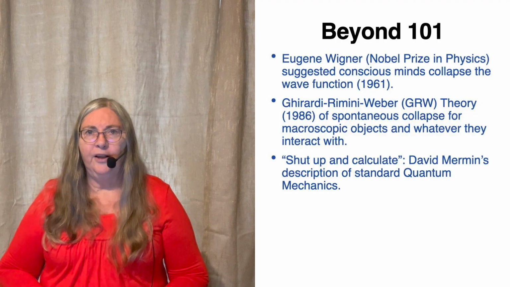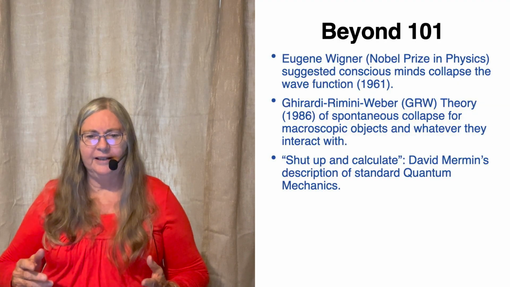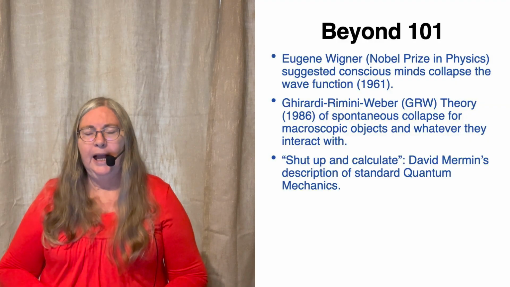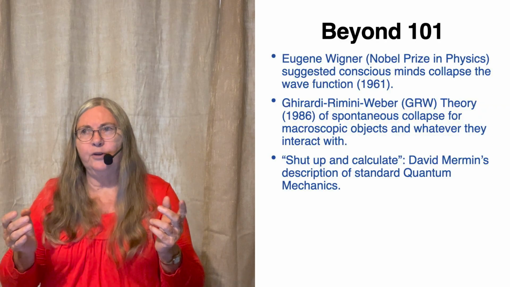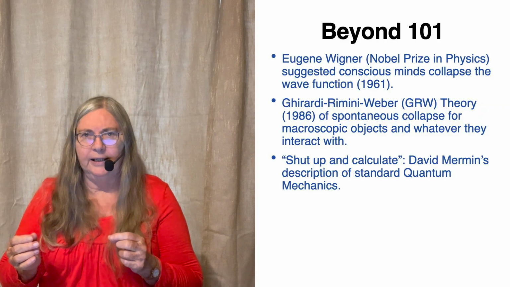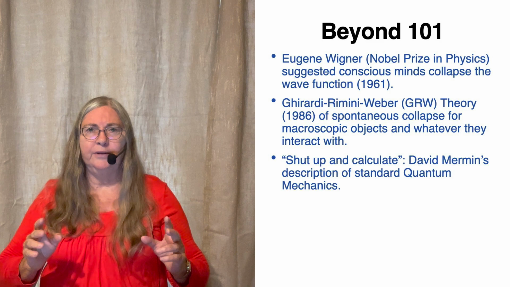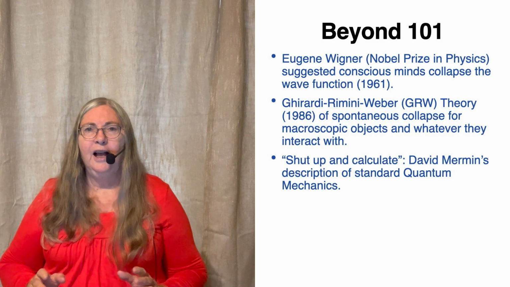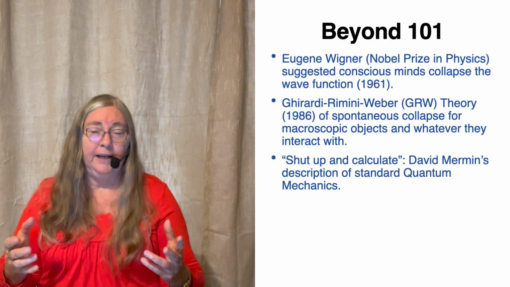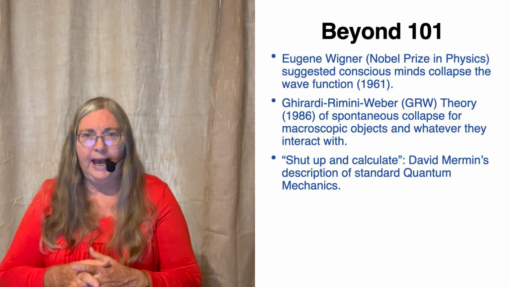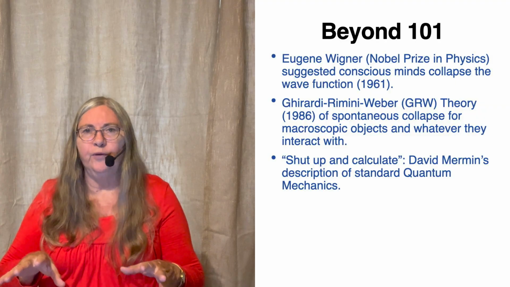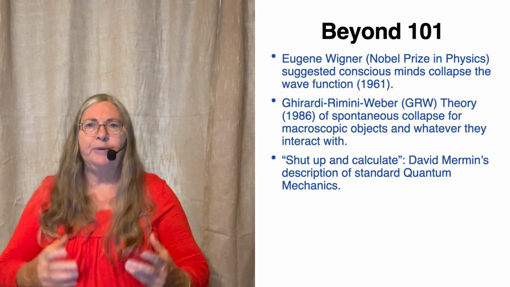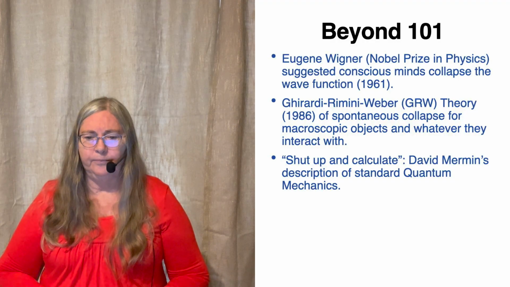More recently, three scientists, Ghirardi, Rimini, and Weber, known as GRW, said that there's a small probability per second of spontaneous collapse of the wave function for every particle in the universe. So for a body that has many particles, such as Schrodinger's cat, we'll never actually observe it to be in a superposition of states of alive and dead because it collapses to one or the other so quickly.